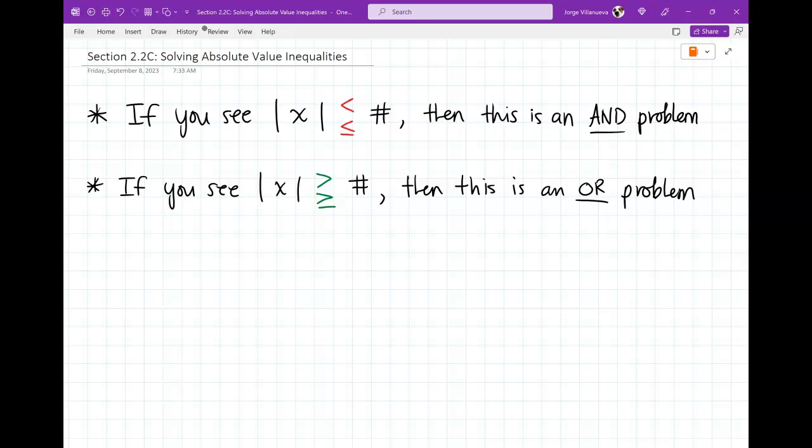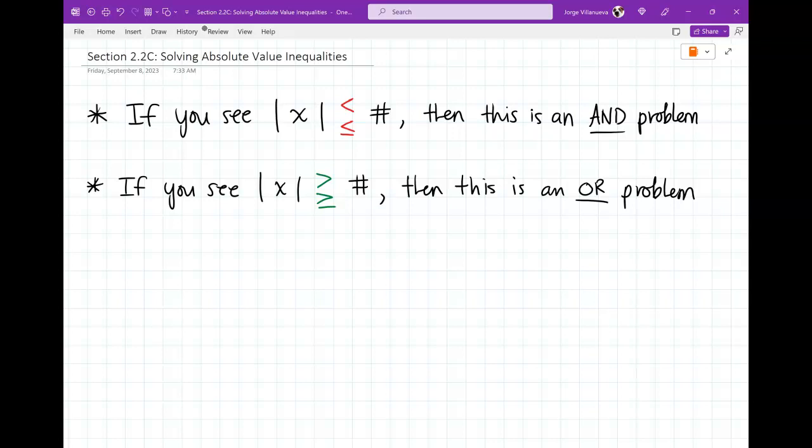So notice we're actually combining three different lessons here, right? Section 2.2a, I think it was, solving for absolute values. We're also combining solving inequalities, and then with the AND and the OR addition, we're talking about compound inequalities, right? The stuff we just did, 2.2b.